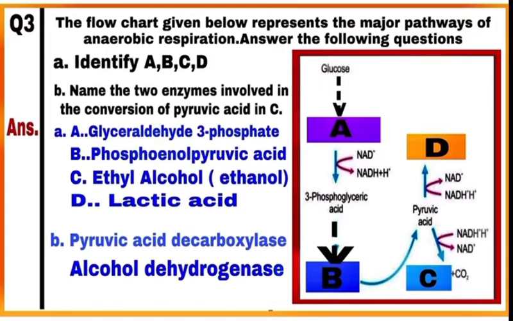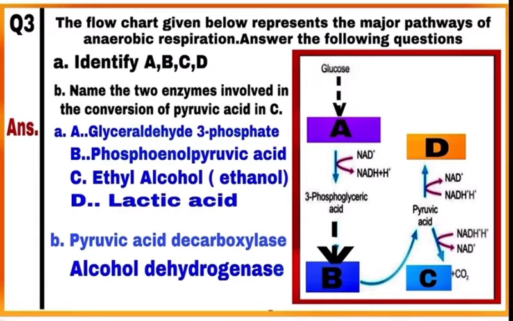After a sequence of steps, glucose will change into A, and A is glyceraldehyde 3-phosphate, which will convert to 3-phosphoglyceric acid. Further, it will change to B, which is phosphoenol pyruvic acid, followed by the formation of pyruvic acid.